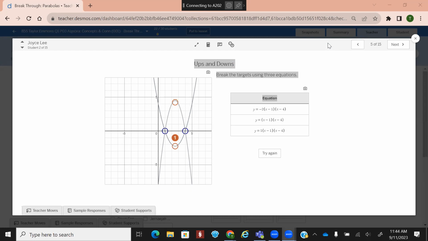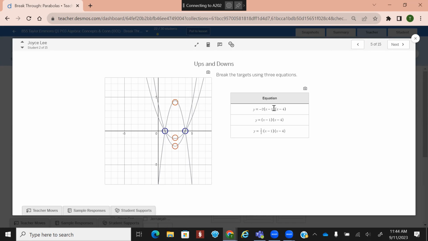Is there any way to modify this last one to make it hit this little one? So it's going to be 1/2 or 0.5. And watch it. So 1/2 makes it wider. 2 makes it skinny. Anything less than 1 makes it wider.